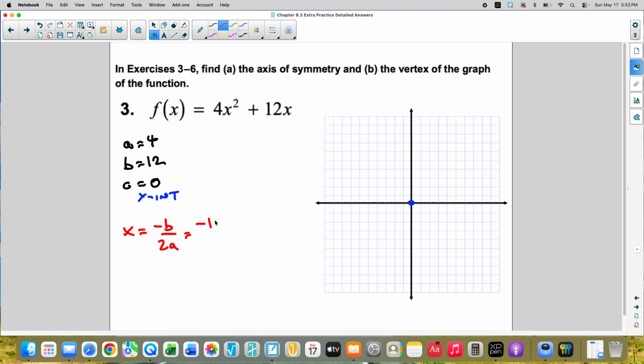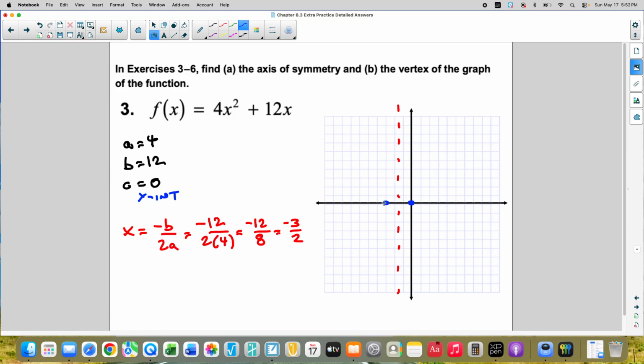So the opposite of 12 over 2 times 4, which is -12 over 8, which simplifies to -3 halves, or -1.5. So my axis of symmetry is going to be that line right there. Because my y-intercept is 1.5 away, I know that its mirror point is also going to be 1.5 away.